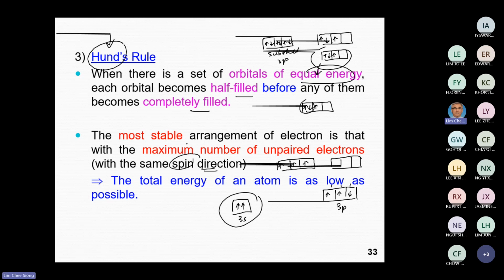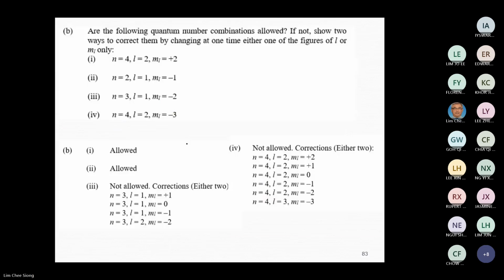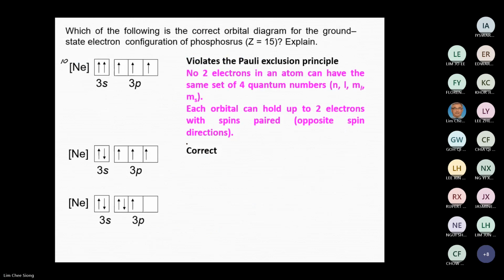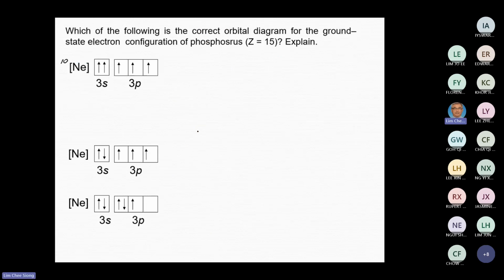Okay, any problem so far? No? Okay, then we go back to the question just now. Come, tell me. This is under which principle? Which one is not? Among here must be one correct.